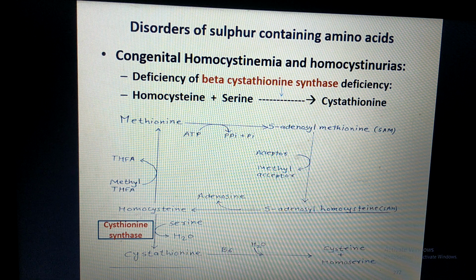Now this enzyme, if you see the cycle, converts homocysteine and serine into cystathionine. So if this enzyme is deficient, the homocysteine is not converted into cystathionine. So the level of homocysteine in the blood increases, leading to homocystinemia and homocystinuria. So this is congenital due to deficiency of enzyme.